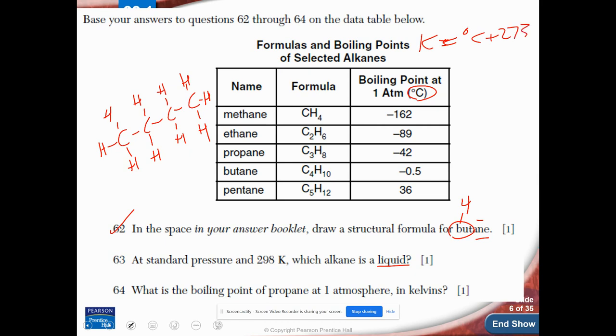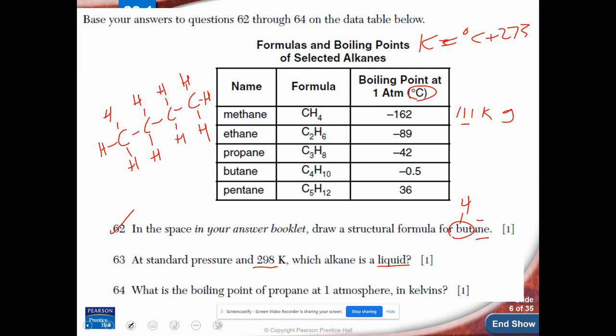Kelvin is equal to degrees Celsius plus 273. So if I have negative 162 and I add 273, that's 111 Kelvin. At 298, if it boils at 111, this is going to be a gas, because it's definitely boiled.